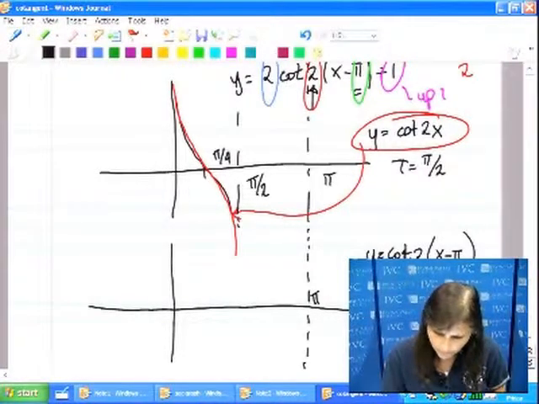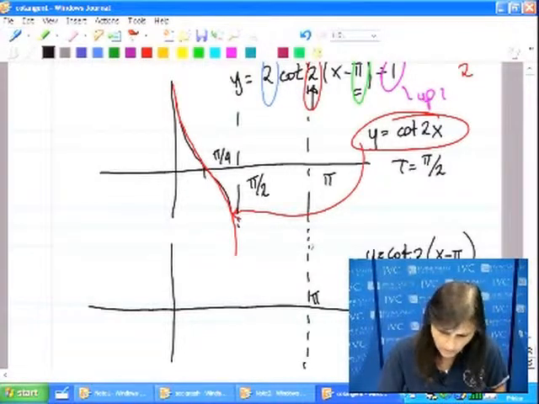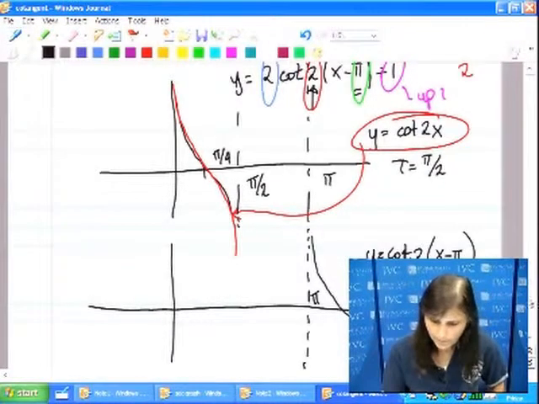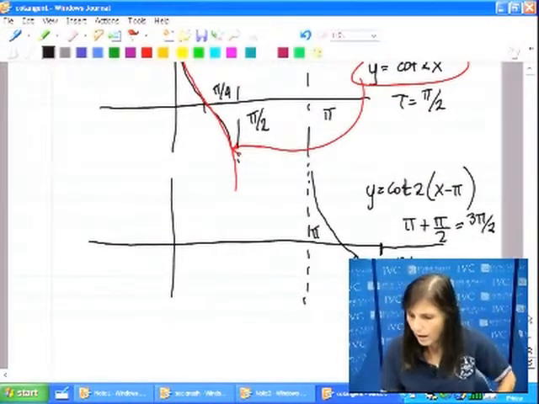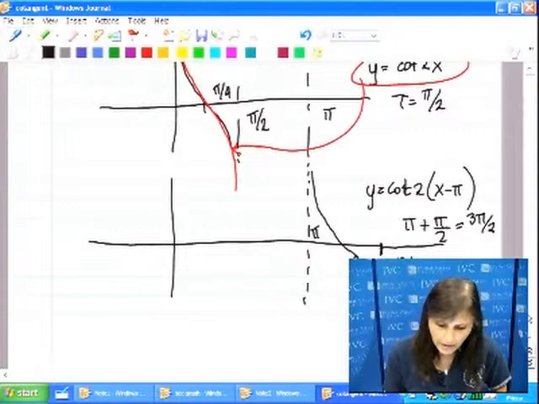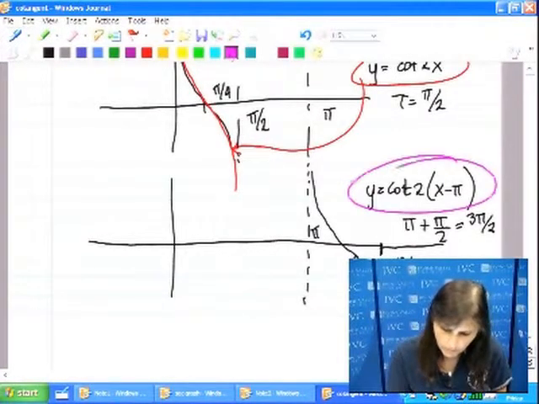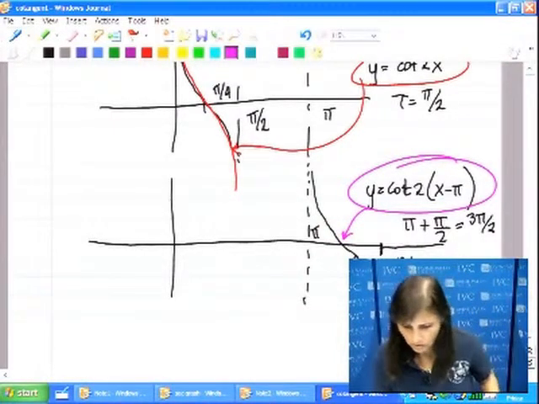So it's going to look something like this. So that is the picture of cotangent of (2x minus pi).